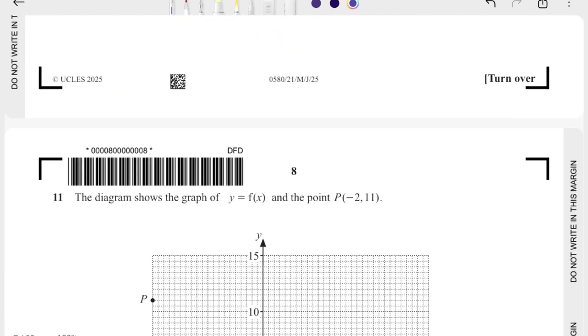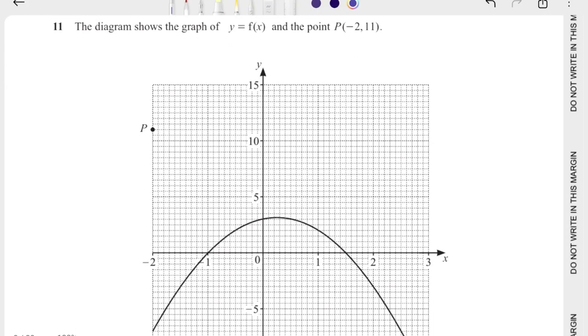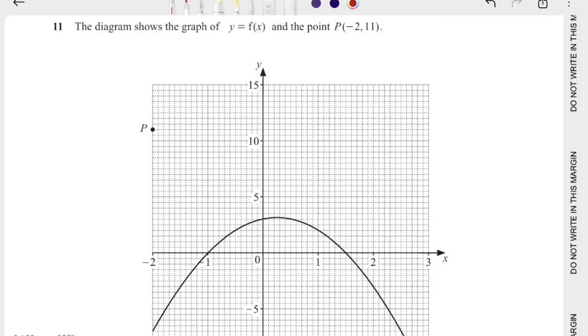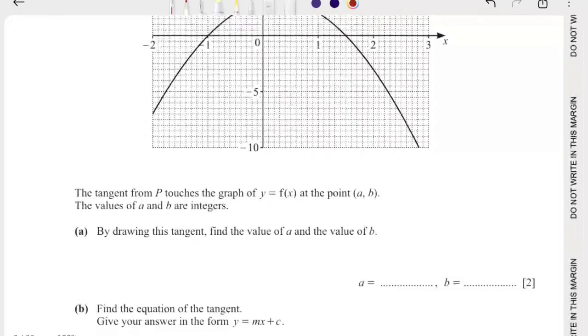Now next question. The diagram shows the graph of y equal to f(x) and a point P, that is (-2, 11). Sketch is given here. The tangent from P touches the graph of y equal to f(x) at point (a, b). The values of a and b are integers. Integers mean whole numbers.